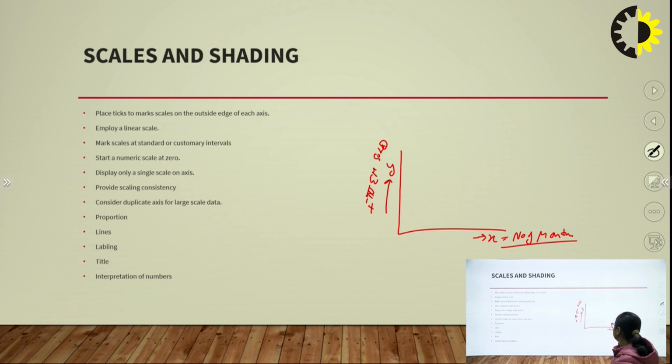This is the scaling. Next is to employ a linear scale. Here we provide the x axis and y axis a linear scale, so both scales are linear.